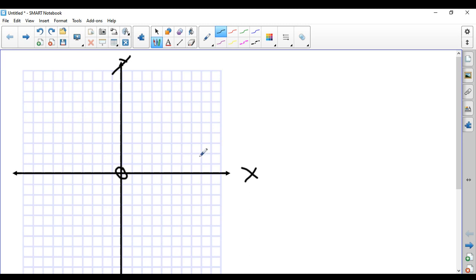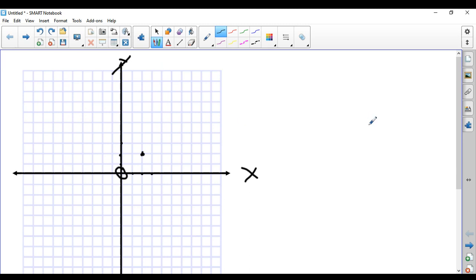All right, now when it comes to plotting, we are going to treat each of these individual lighter lines as one increment past the axis. So like I said, this first line here is 1 on the x, then 2, and 3, and so on, and then y, up, up, up we go, 1, 2, 3. Now if I put a dot somewhere, let's say I put a dot here at the intersection, and I always want to put a dot at the intersection, I can tell you where that dot is on my graph.